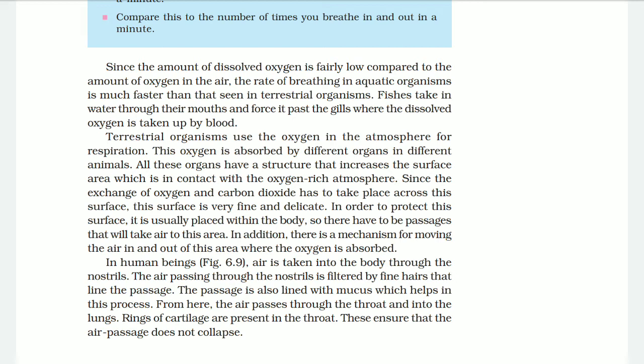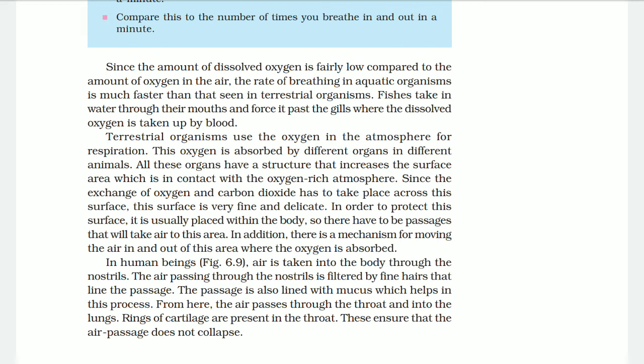All these organs have a structure that increases the surface area in contact with the oxygen-rich atmosphere. Since the exchange of oxygen and carbon dioxide has to take place across the surface, this surface is very fine and delicate. In order to protect it, it is usually placed within the body.